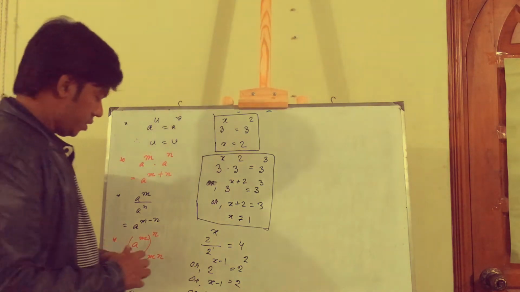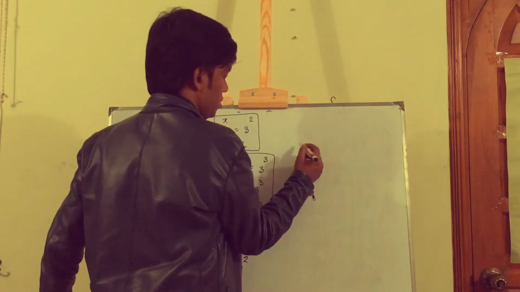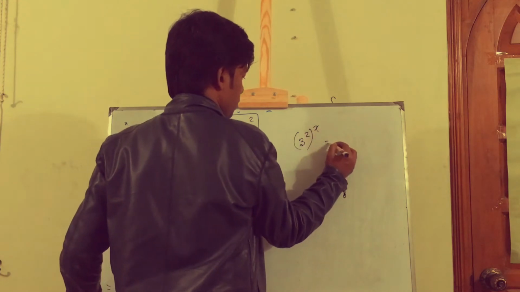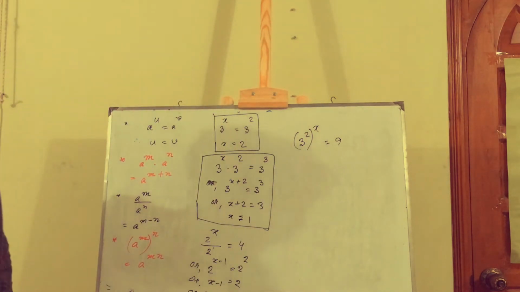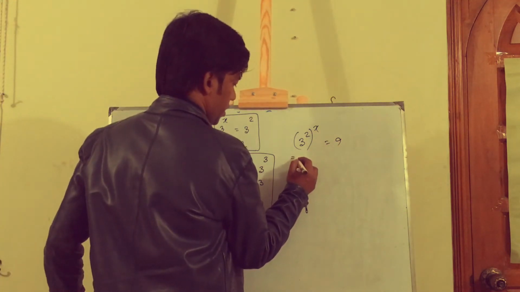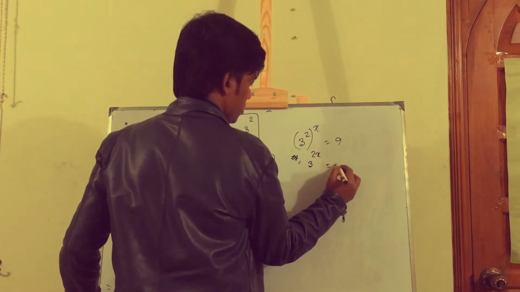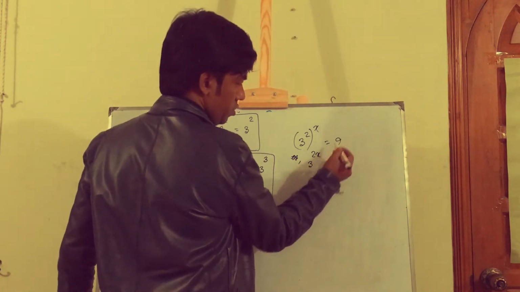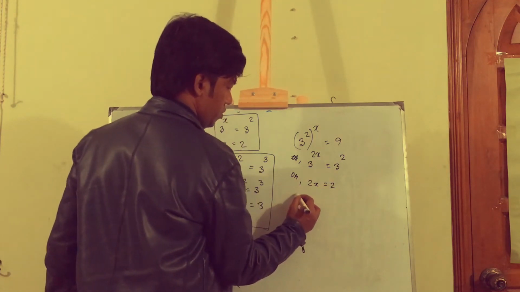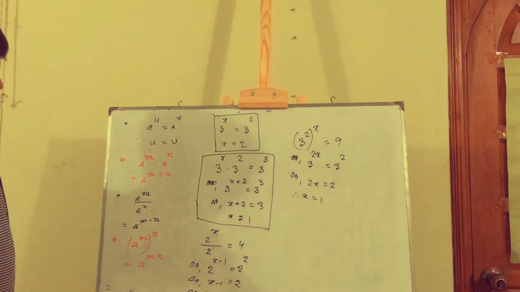Let me show you an example: 3 squared to the power x equals 9. How to solve this? This will be 3 to the power 2x equals 3 to the power 2, since 3 to the power 2 equals 9. So 2x equals 2, therefore x equals 1, if you divide both sides by 2.